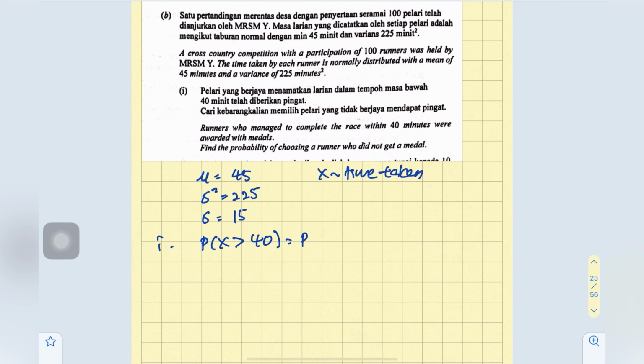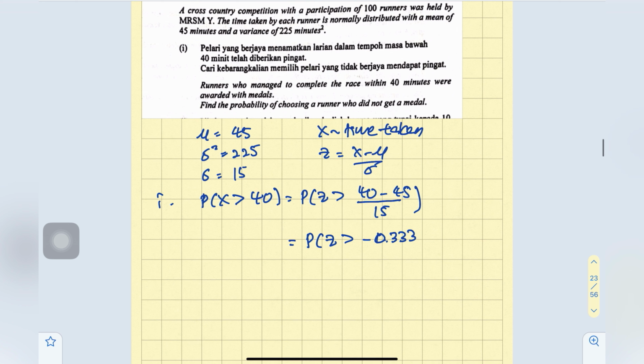So we have to standardize. P(Z more than ...), using the formula Z equals X minus mu over sigma. So 40 minus mu, which is 45, over the standard deviation, 15. When we solve this, we get Z more than negative 0.333. If we draw it, 0 is the mean in the middle, and negative 0.333 is on the left because it is negative.